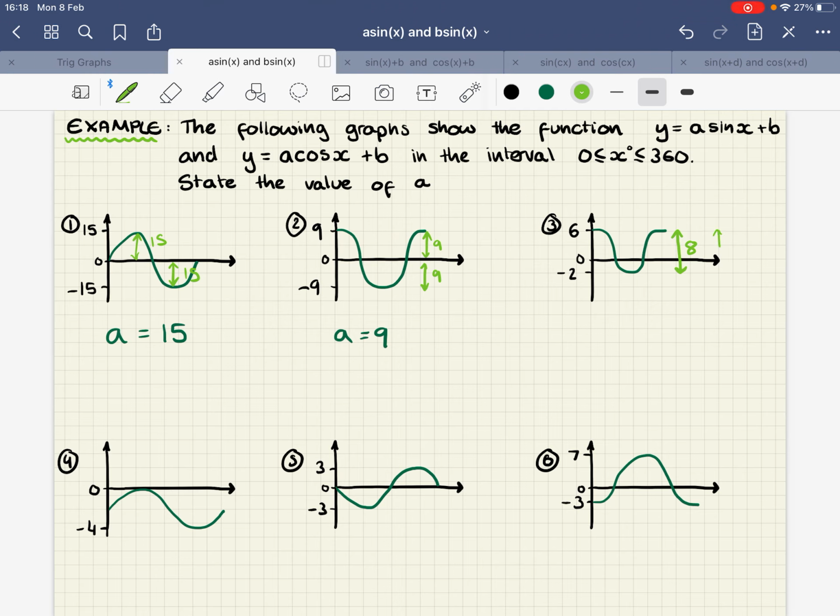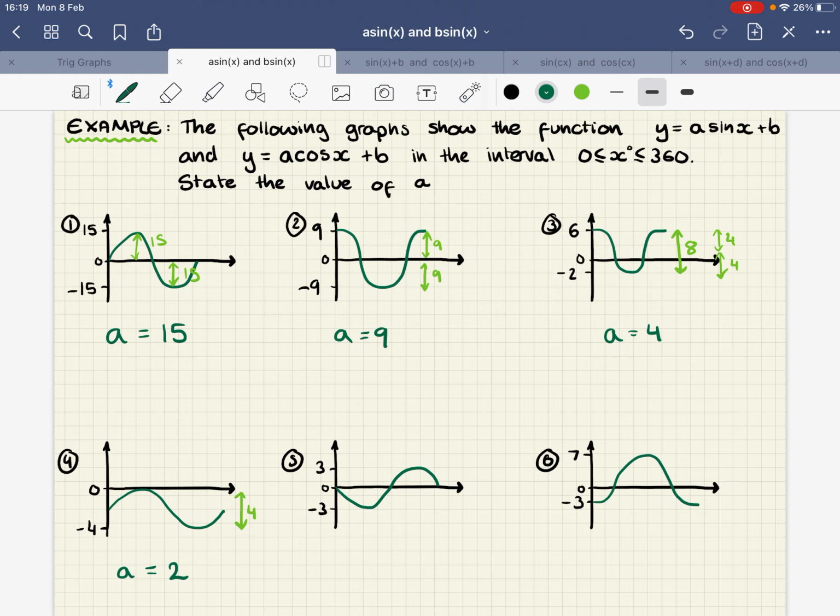If I halve it, that's my distance from middle to the top and middle to the bottom, so that's 4. So a equals 4. Same down here with question 4. The entire distance from my highest point to my lowest is 4. So halving that, a equals 2.